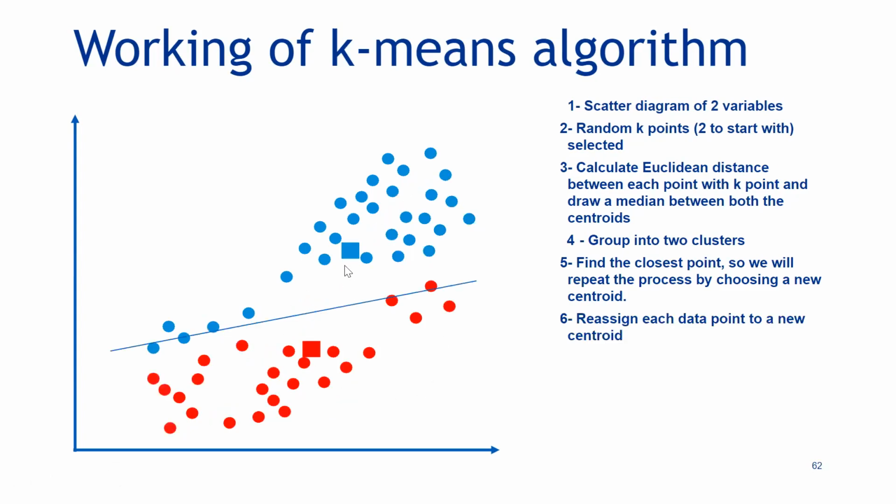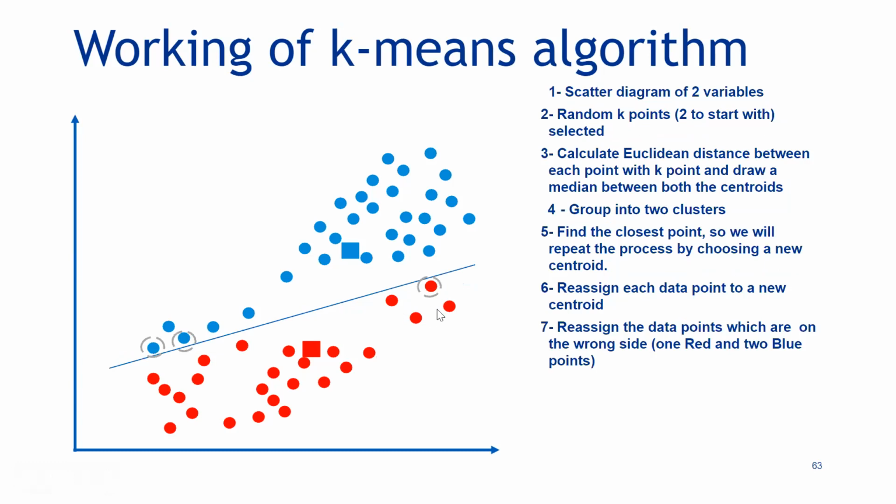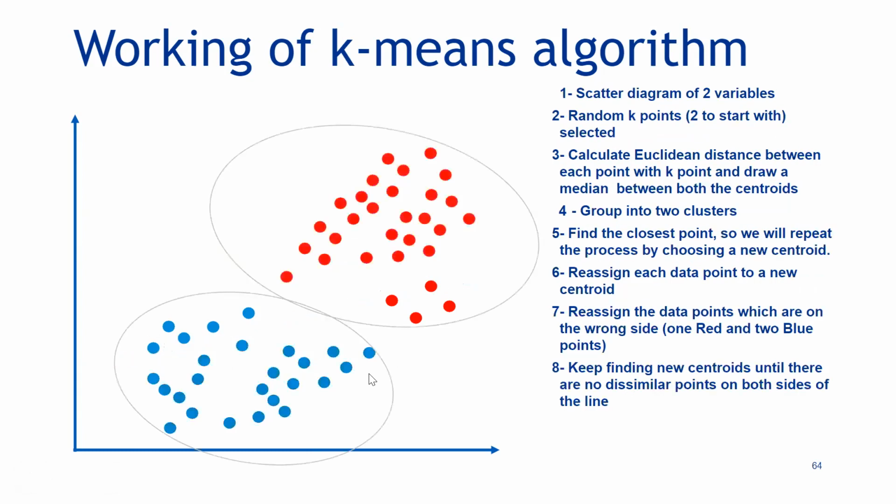Have a look. Now the centroid of this cluster is this and of the red cluster is this. Now we will find the distance again from the centroid to the data points, and after this you will see that this red data point is lying near to the blue cluster and these blue data points are lying near to the red cluster, and after repeating these iterations, we will finally reach this result.